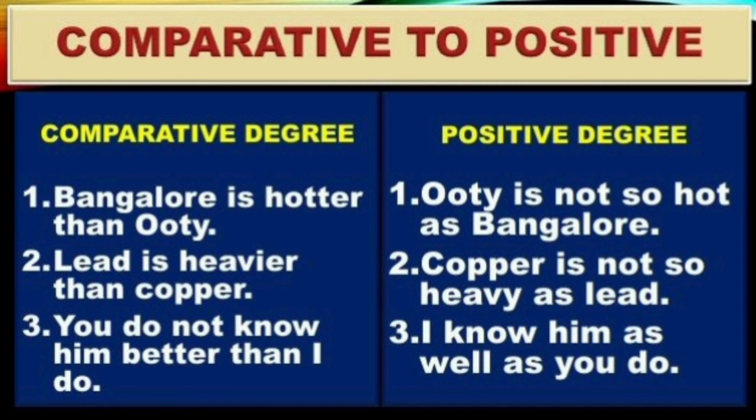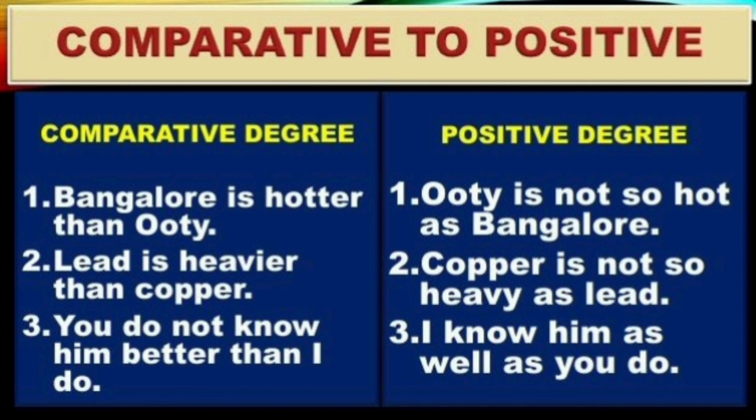Look at the third sentence. You do not know him better than I do. So here the verb is "do not know". So we know that when the verb is in negative form, we need to change it to positive form. Therefore, "do not know" becomes "know". The first part is "you" and the last part is "I".